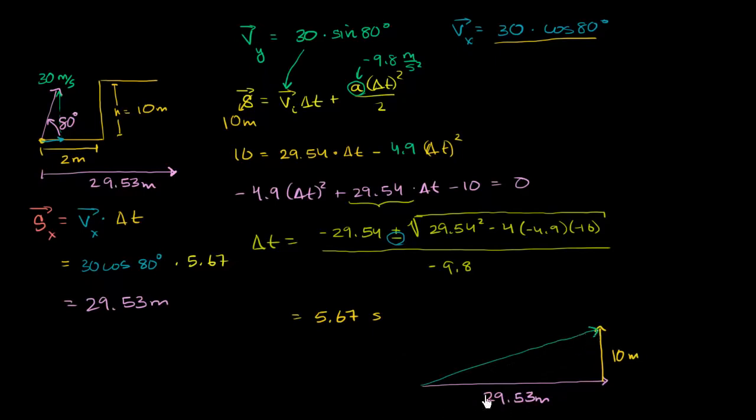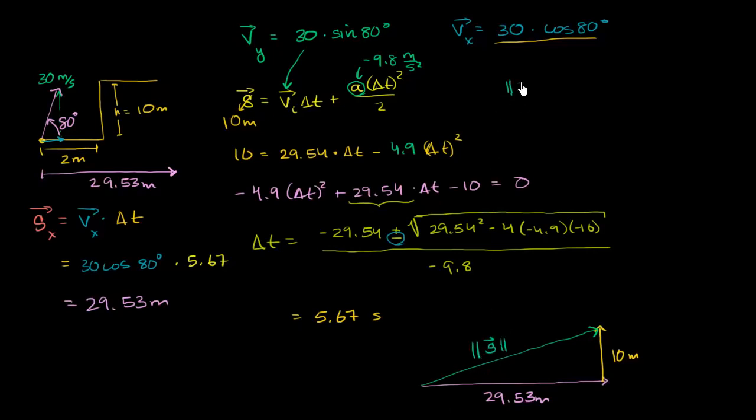Well, we could use the Pythagorean theorem here. The square of the magnitude of our total displacement is going to be equal to the sum of these two squares. This is the magnitude of our displacement right over here.